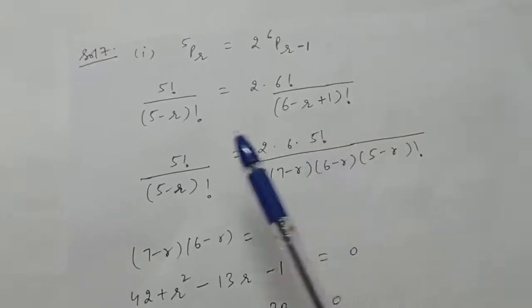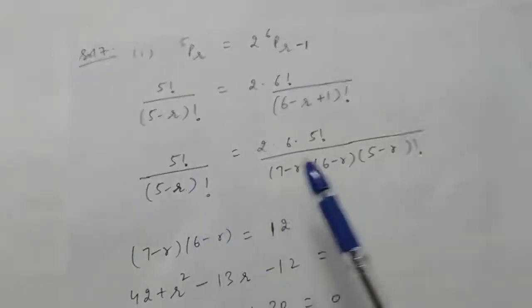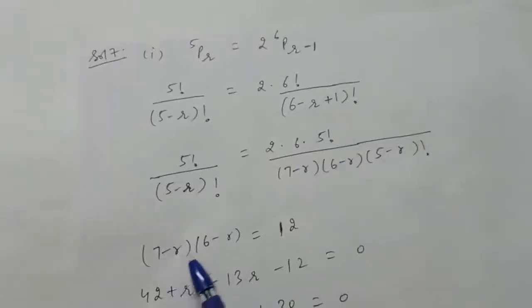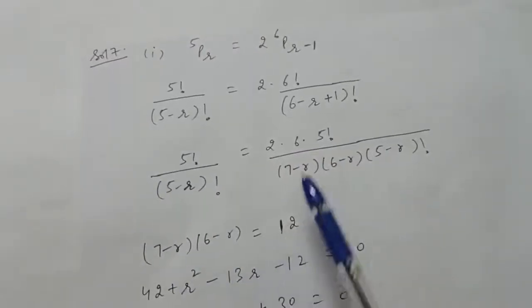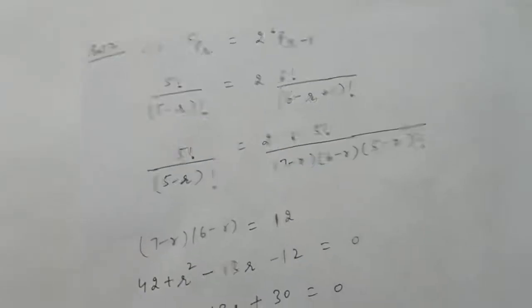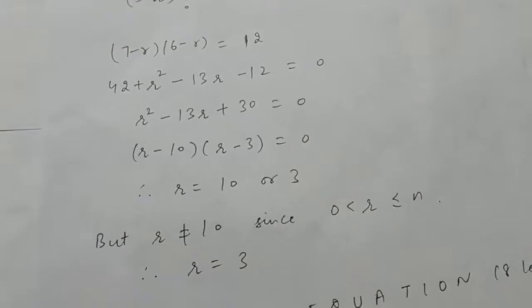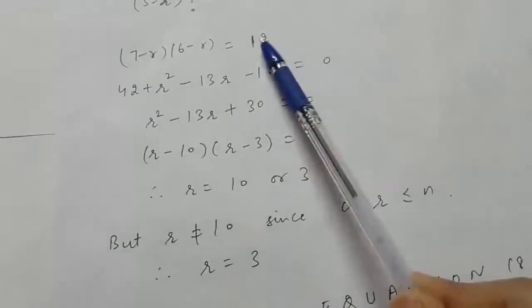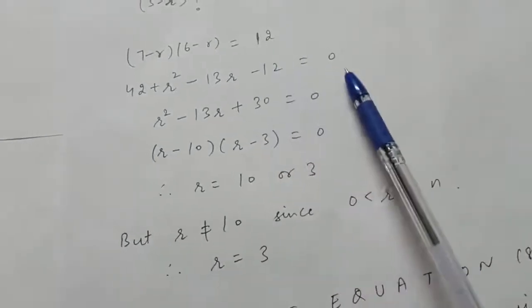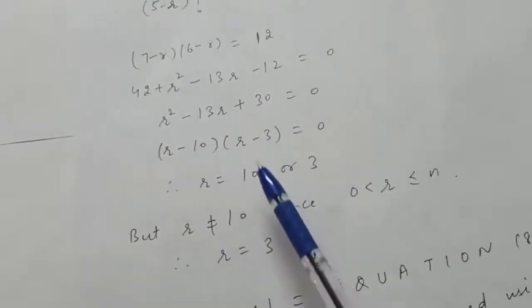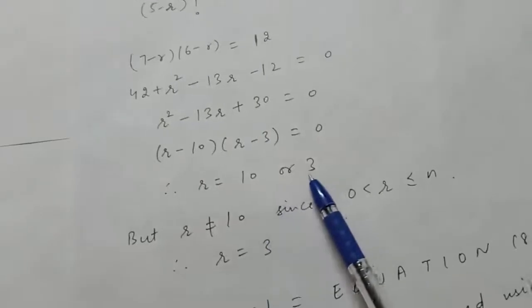Now this 5 factorial and (5 minus r) factorial will get cancelled and you will get (7 minus r) into (6 minus r) equal to 12. So this will be 42 plus r square minus 13r. Take this 12 to this side, minus 12 equal to 0. So you will get the value of r after solving this as 10 or 3.